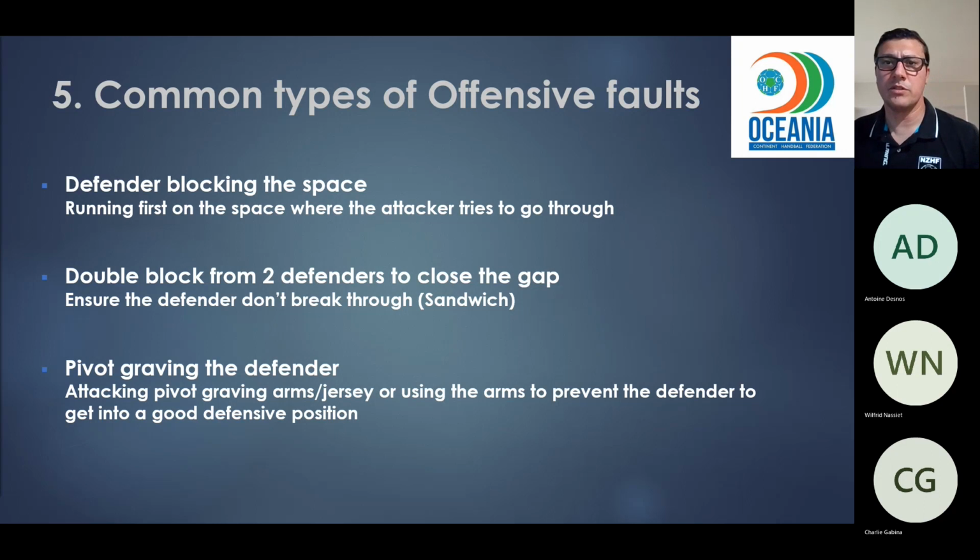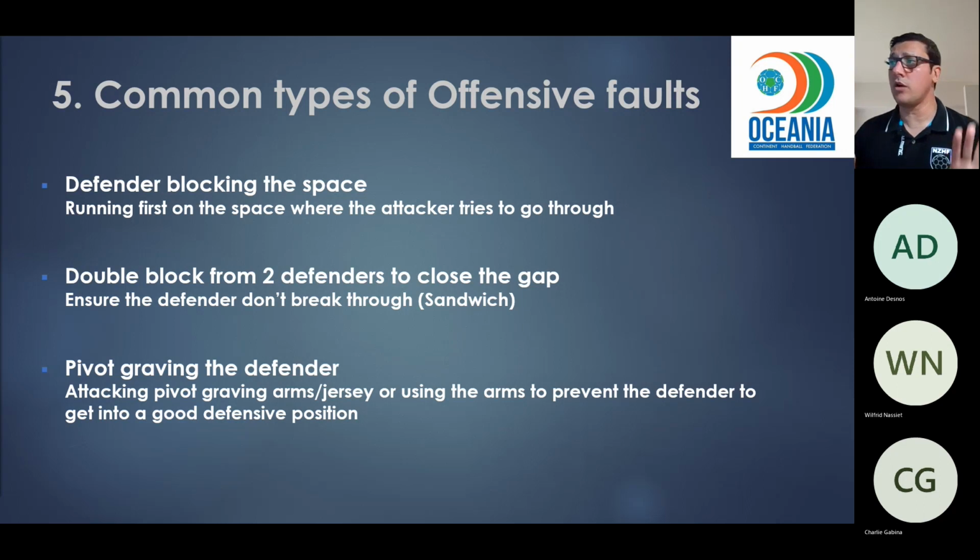This is something to take into consideration, but it's very clear. The most common offense among attacking fouls is when the defender is blocking the space, the defender got to the space first, and the attacker runs into him and tries to go through when there is no space.